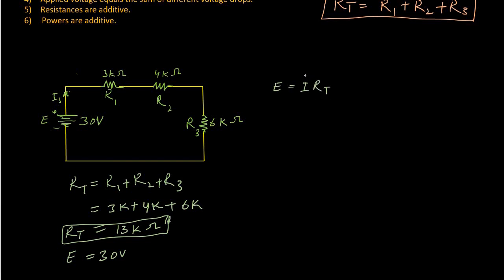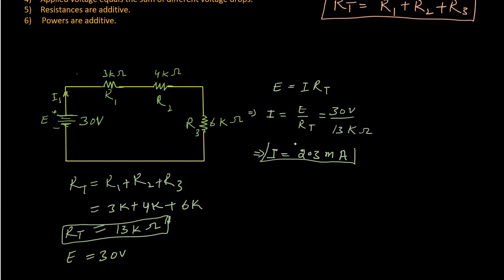We are asked to find the current through this series network, so the current would be equal to E divided by RT. E is 30 volts divided by RT, which is 13 kilo ohms. So the resulting current in this series network is 2.3 milliamperes. So 2.3 milliamperes of current is flowing in this network.